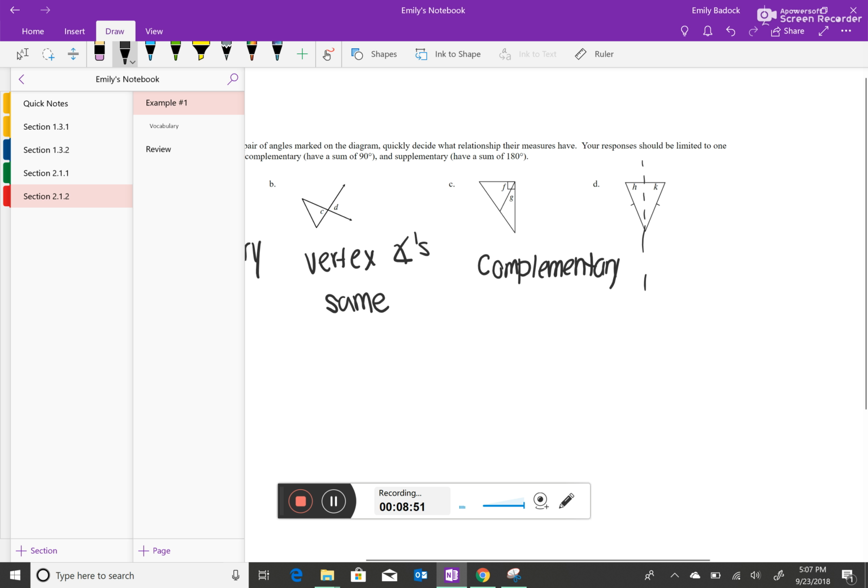If H and K are over top of each other, that means those two angles have to be the same. Or else, if you think about it, they wouldn't have reflection symmetry. If you can't fold it in half and have them be exactly equal, they don't have reflection symmetry. Since we've talked about this having reflection symmetry already, that means H and K have to be the same.